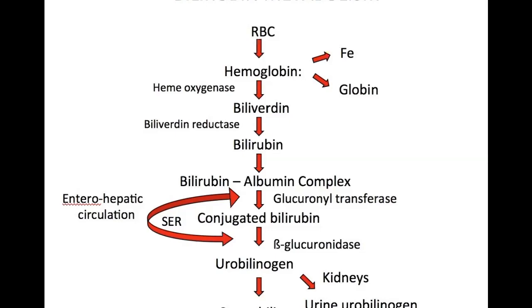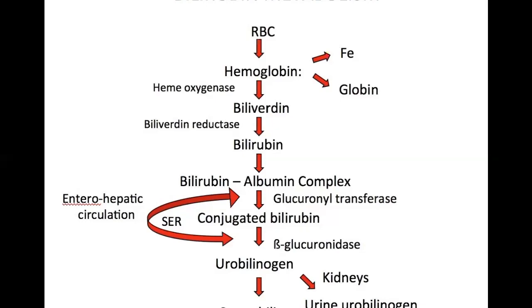I hope everyone still remembers the usual lifespan of the RBC is 120 days. Once the RBC reaches 120 days or near 120 days, these old RBCs will undergo hemolysis. They will be sequestered in the spleen, and the red blood cell will be broken down into hemoglobin.